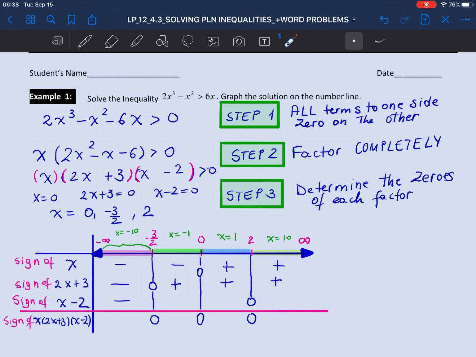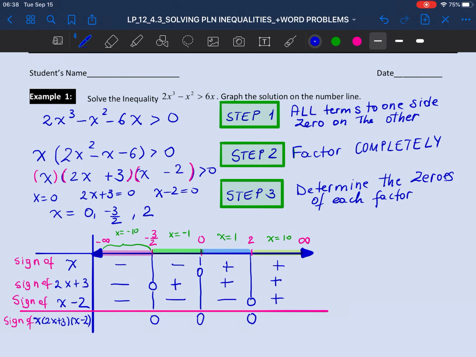So negative 1 minus 2, still negative. From 0 to 2, we pick a testing value of 1, a random number from 0 to 2. 1 minus 2, negative. From 2 to infinity, we pick a testing value of 10. 10 minus 2, 8. So that's positive.